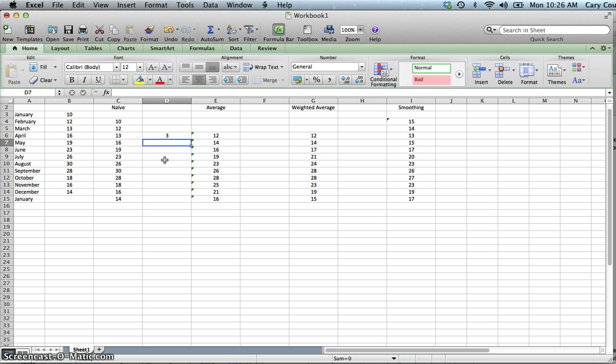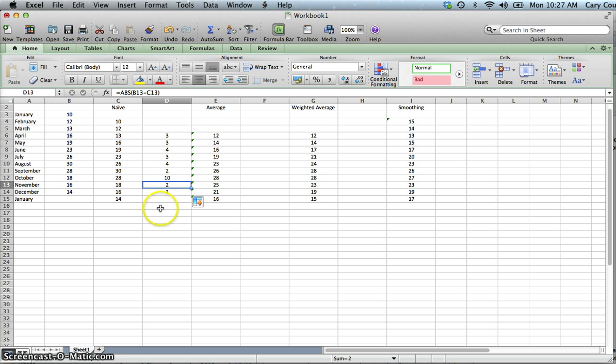And so we simply have the error. So we were off 3 sheds for the naive approach, and we can copy this down. We're only going to copy it down to December because we don't have actual sales for January, even though we made a forecast. Here's what I was talking about. This normally would have been a negative number. We would have had the actual minus the forecast, and that would give us a -2, but we absoluted it, and so we get a 2.